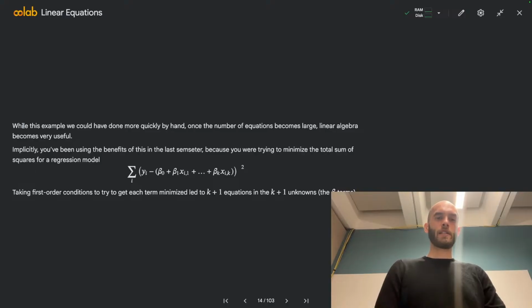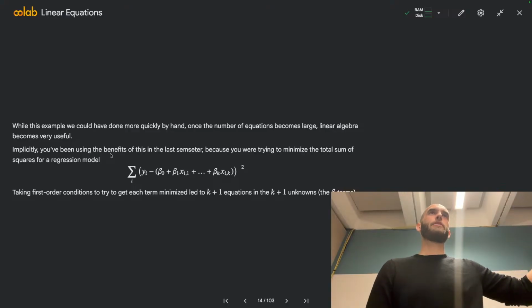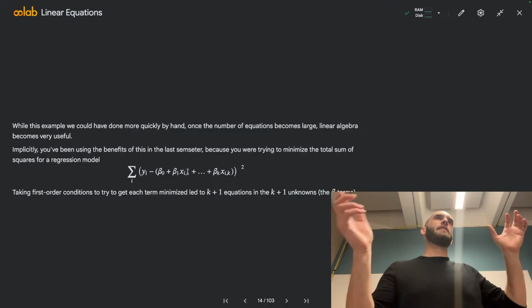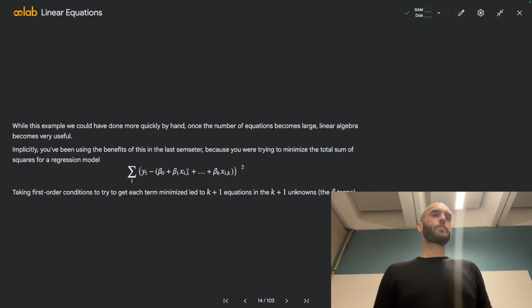Okay, so that was nice for a simple example. And you've seen some of this. You saw this last semester, correct? Last semester you took an econometrics sequence in the fall, the standard econometrics where you're minimizing the sum of squared errors and such. This is the standard regression model.